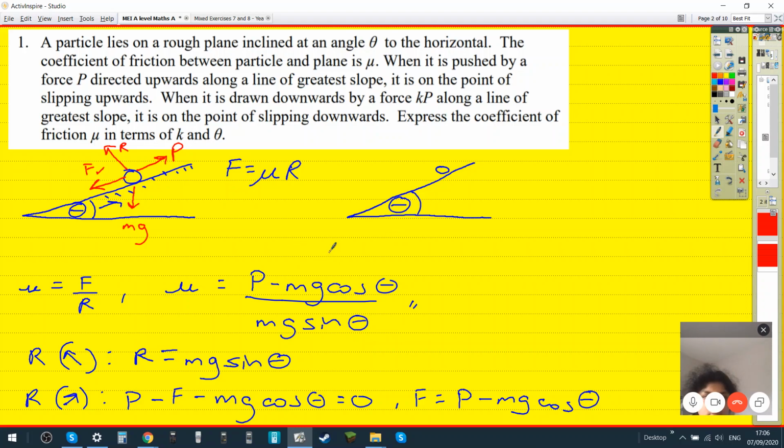But when it's going upwards, there isn't any K, so now we have to do downwards. So the same thing, draw on the forces: KP going down the slope and then F going up the slope, and then R and mg.